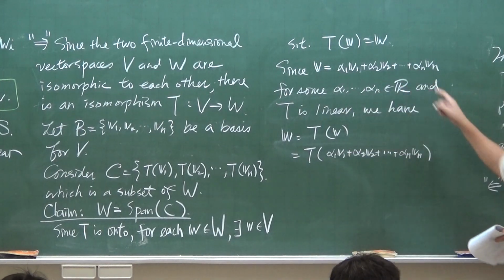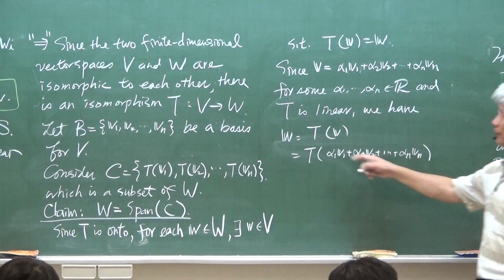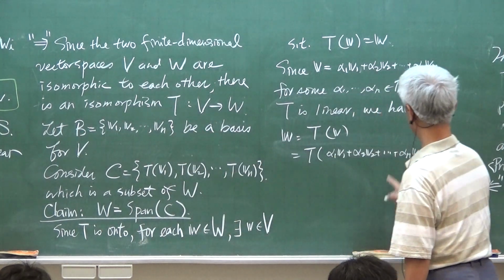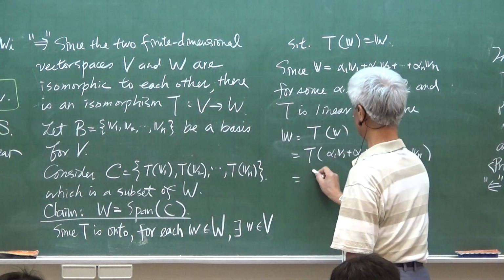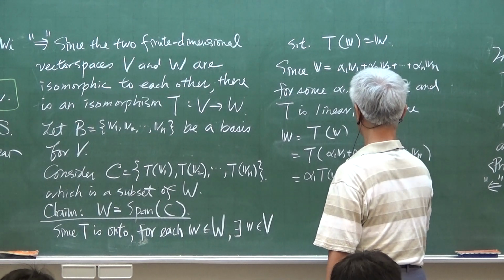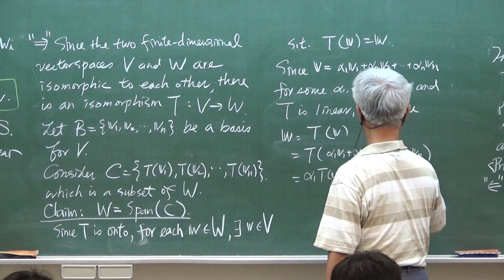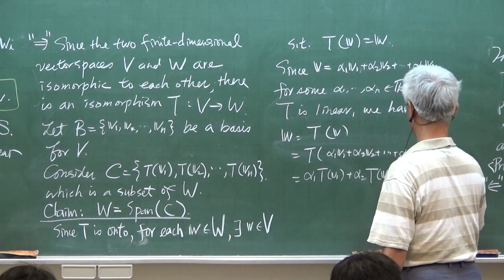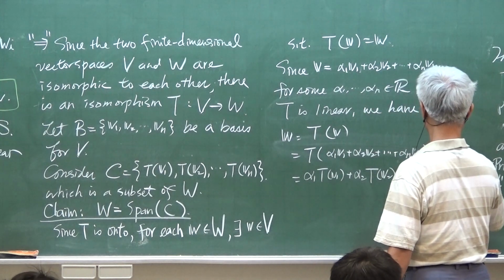So v is a linear combination of the elements in B. By linearity we have alpha 1 T V1 plus alpha 2 T V2 plus alpha n T Vn.